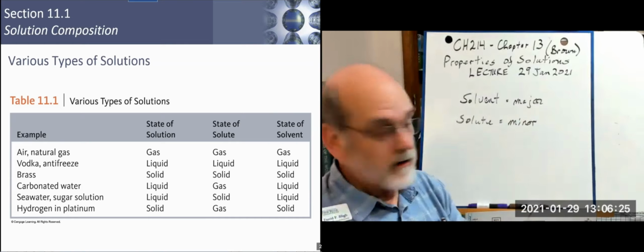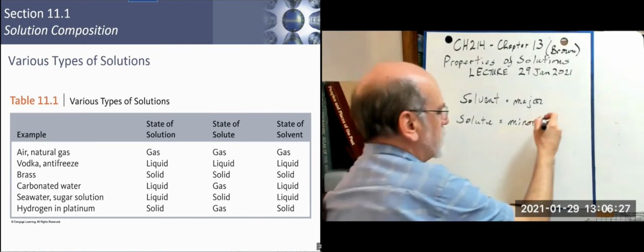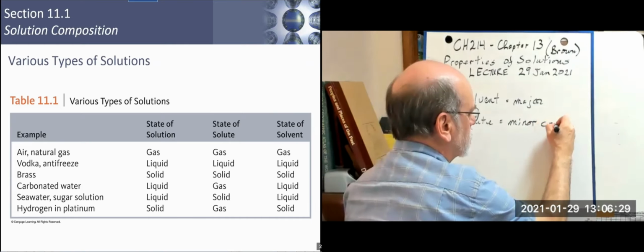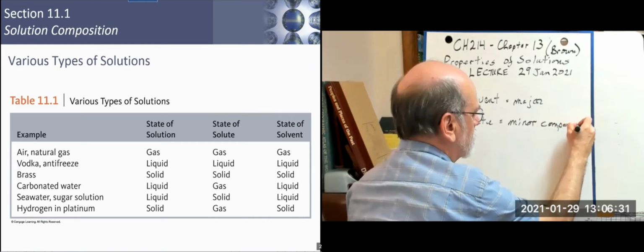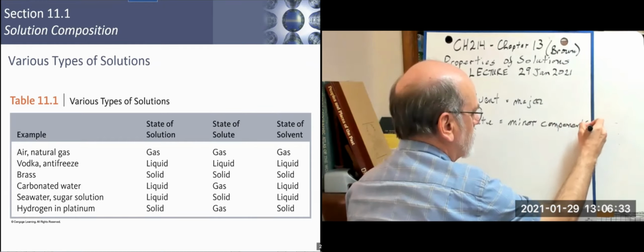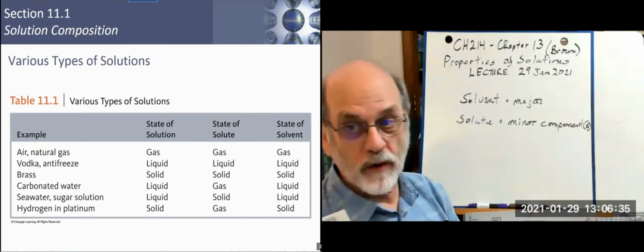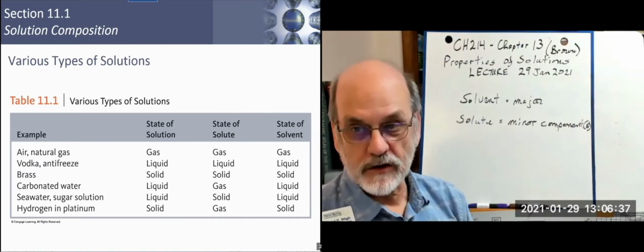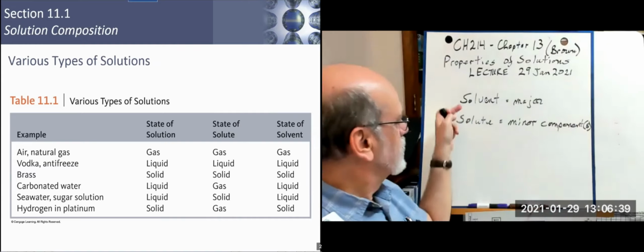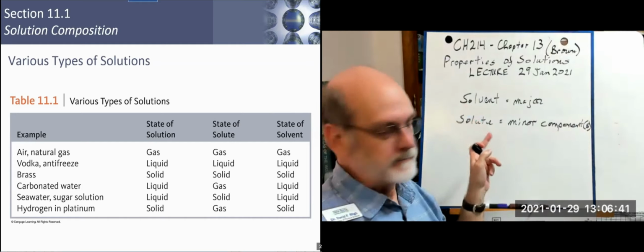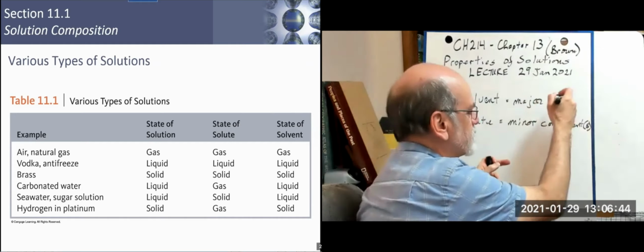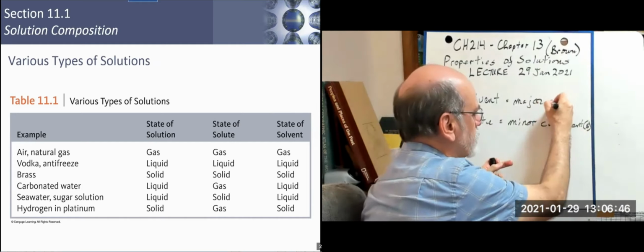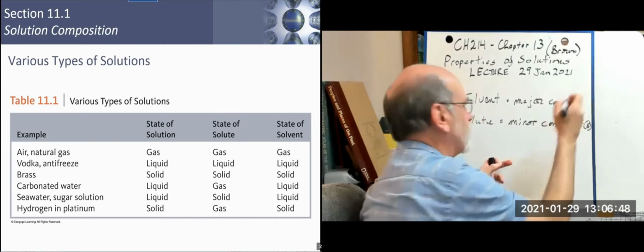Okay, now I should say the minor, because you can have more than one solute in a solution by definition, but you can only have one solvent. So this is limited to one major component.